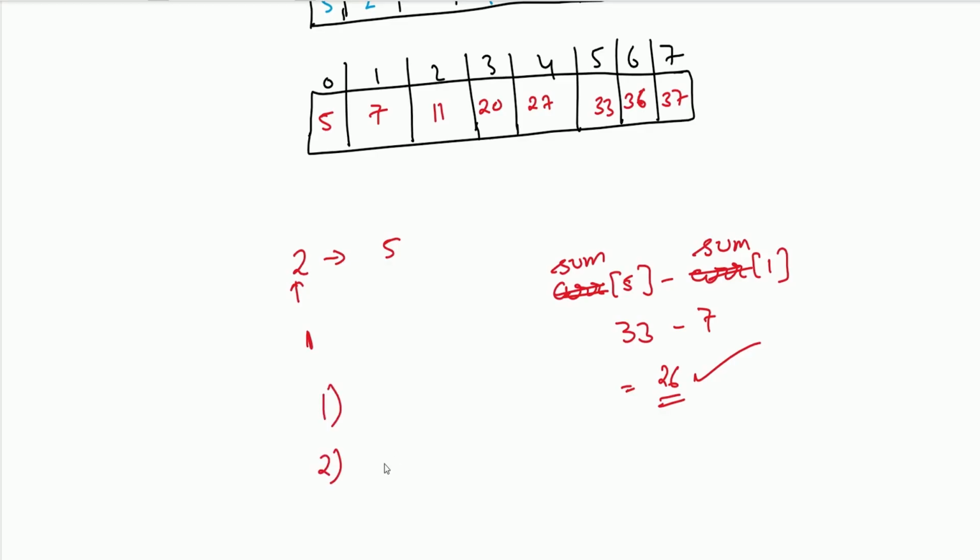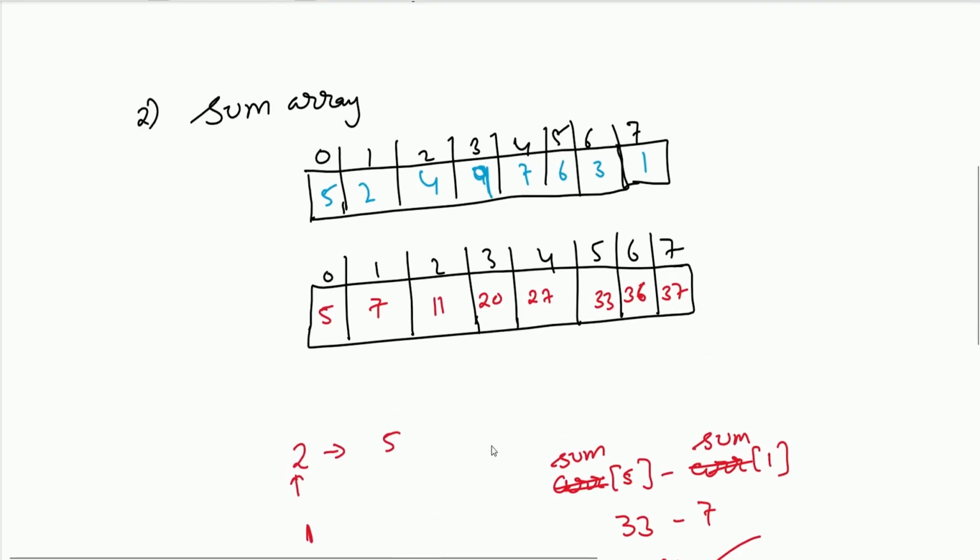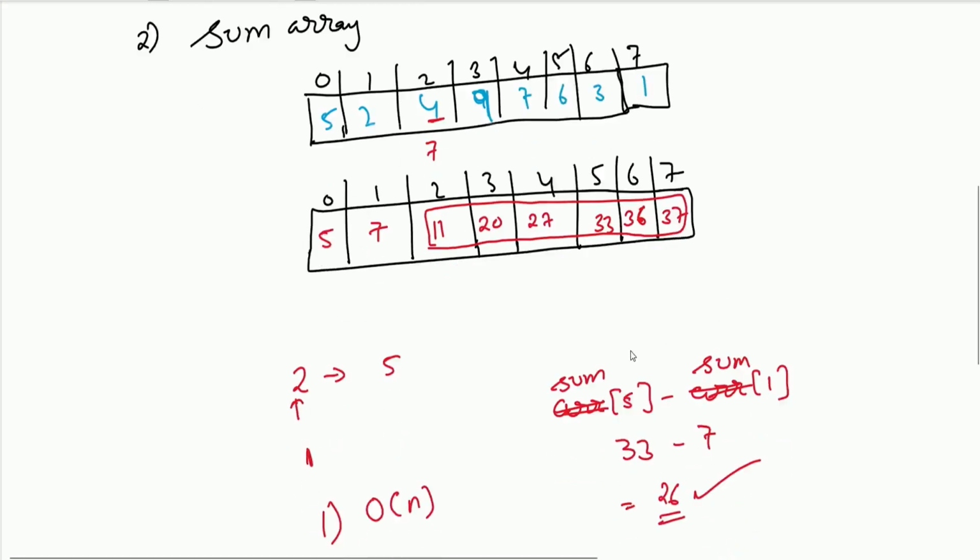Now the range query becomes order 1 and the update becomes order n. Why? Suppose I have updated this 4 to 7. Then I have to update all the sums after this. In the worst case, index 0 gets updated and I have to update all the sums after it, so it will take order n time complexity.